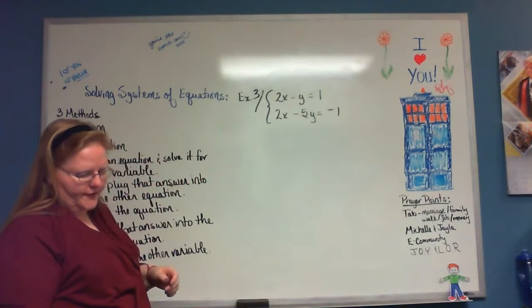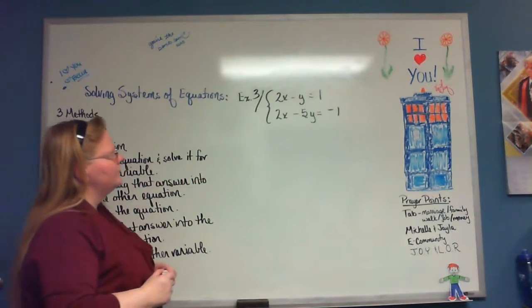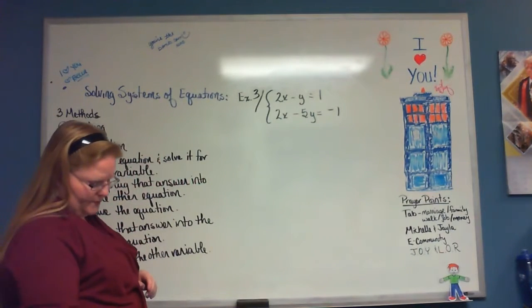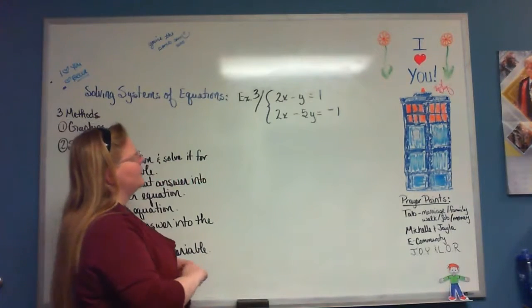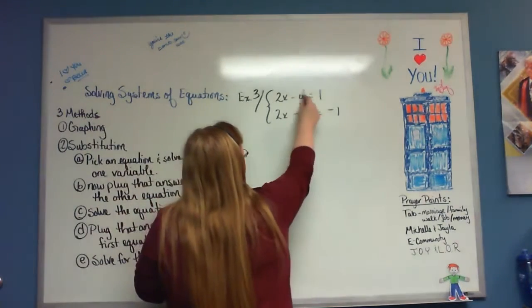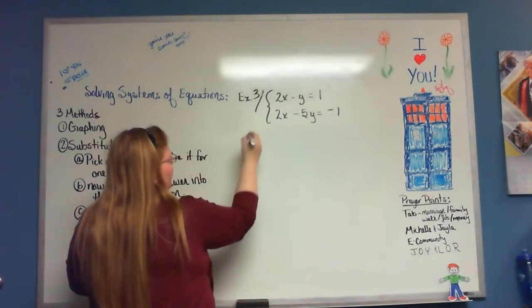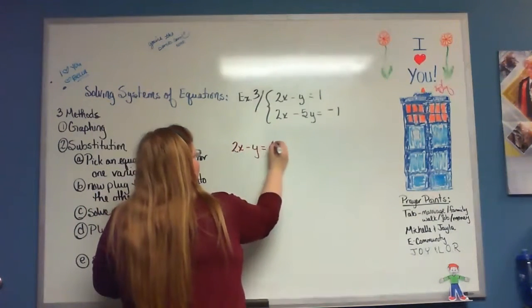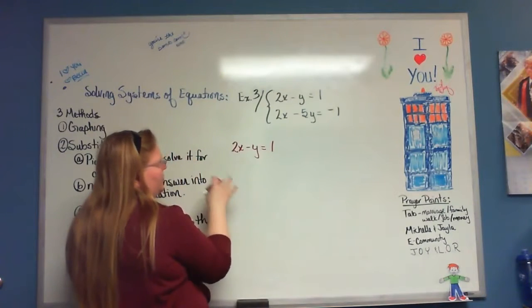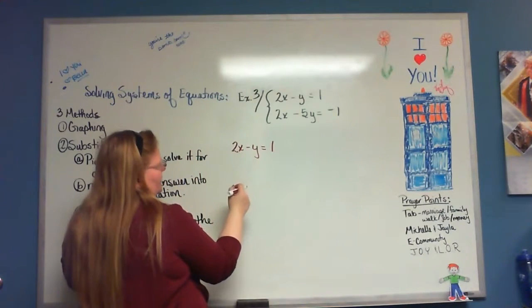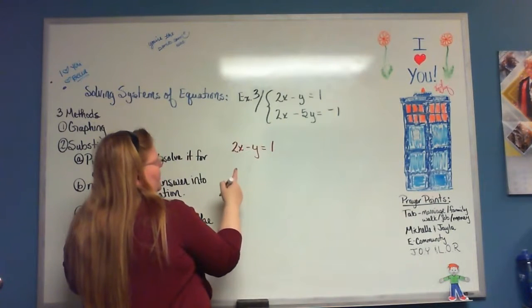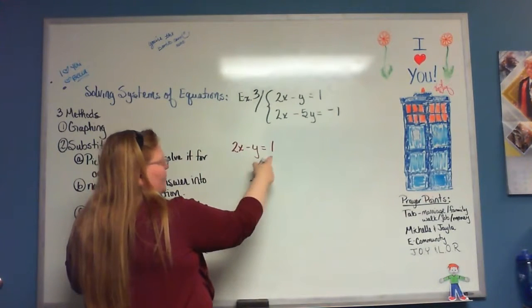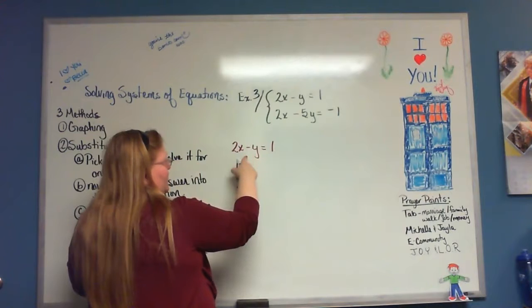But if I were going to get something by itself, I think I want to get that y by itself. So I'm going to start working with the top one, 2x minus y equals 1. That way I don't have to do any division. I just got to move stuff to the other side. So I'm going to choose to move my y to the other side and my 1 to this side.